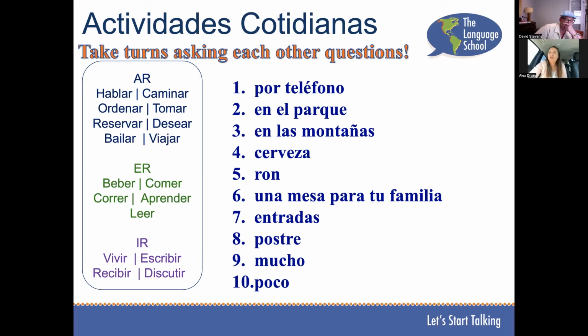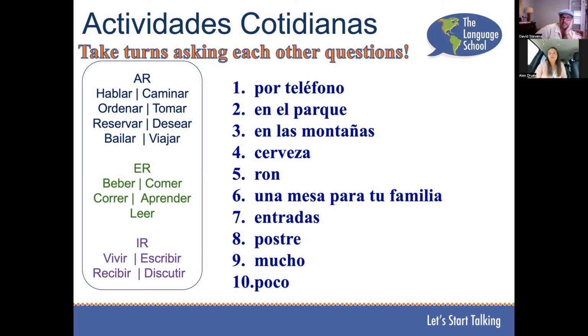¿Cómo se dice para tu familia? A table for your family, yeah. ¿Deseas una mesa para tu familia? No deseo una mesa para mi familia. Ya tenemos una mesa. ¿Comes entradas?